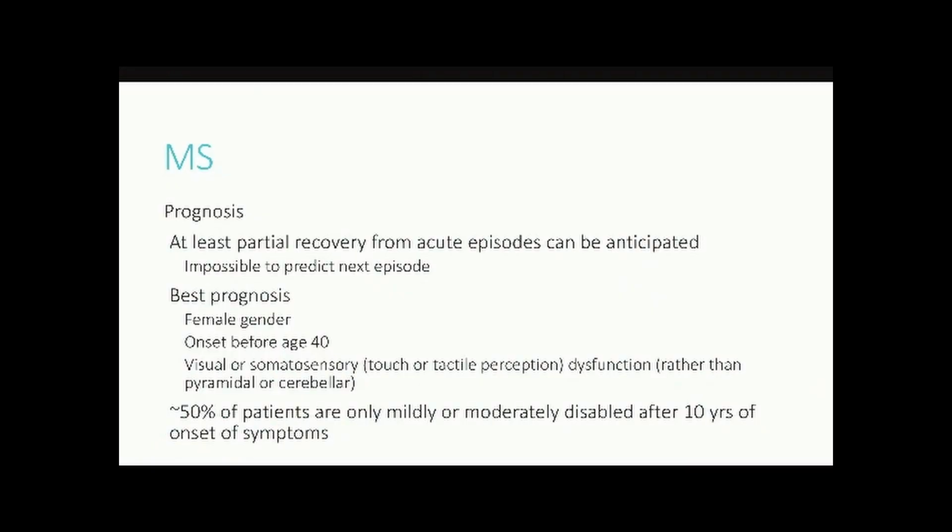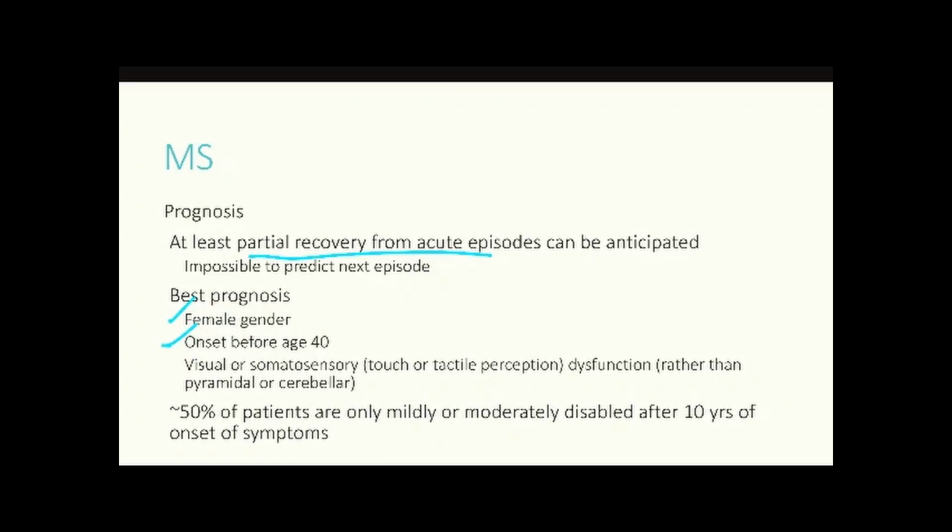Prognosis, partial recovery from acute episodes can be anticipated. Again, that's the whole relapse and then remission. You can't really predict that next episode, but who has the best prognosis? Female genders with MS have a better prognosis. If the onset is before age 40, better prognosis.